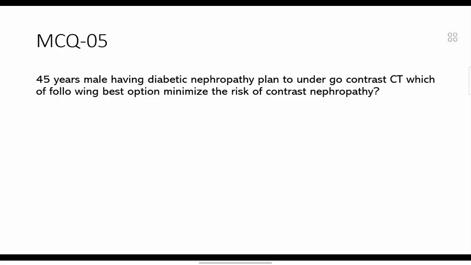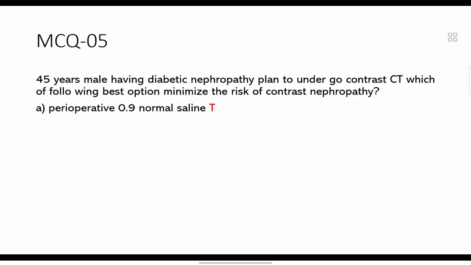The latter two are not used in each and every unit, though some consultants or surgeons may use them. The best and first management option is hydration with 0.9% sodium chloride.